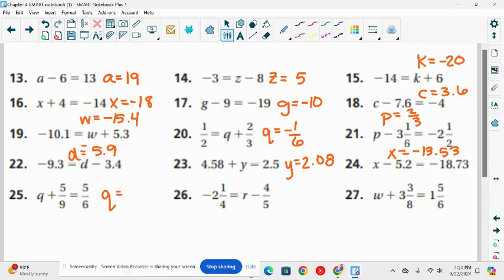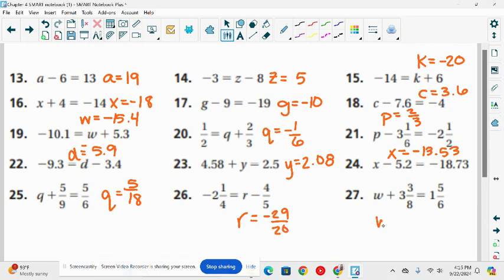Q equals 5/18. R equals -29/20. Such an interesting fraction.